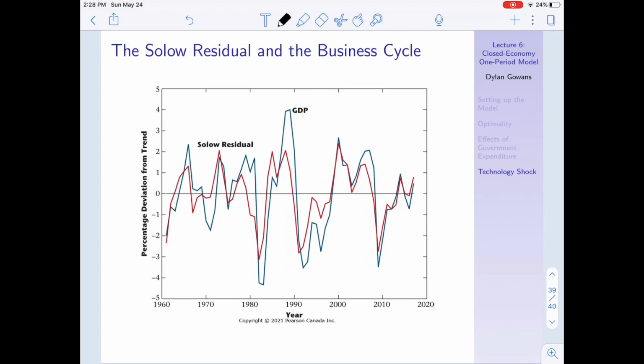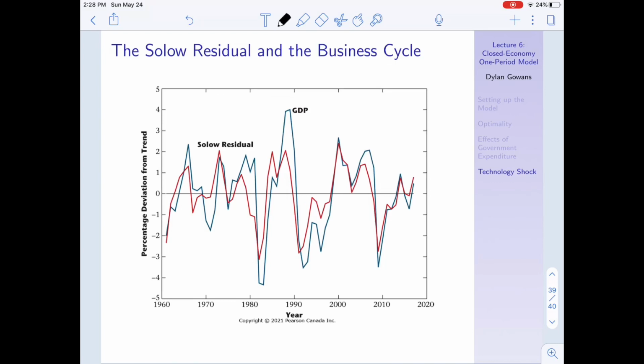If we find the Solow residual in the way I just showed you, detrend it as we saw before, and plot the percentage deviations from trend with those of GDP, we can see that it does follow GDP very closely. It's definitely pro-cyclical, and it matches very well these changes in GDP.